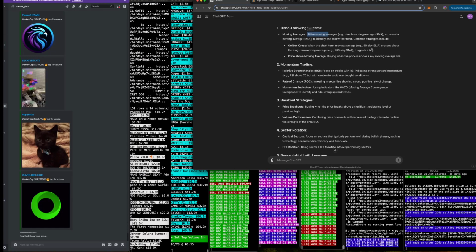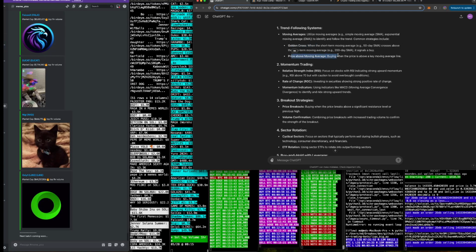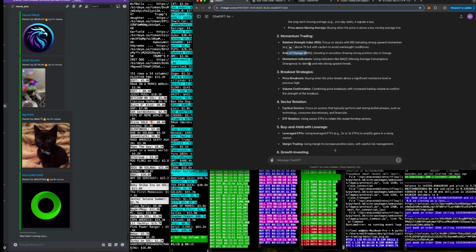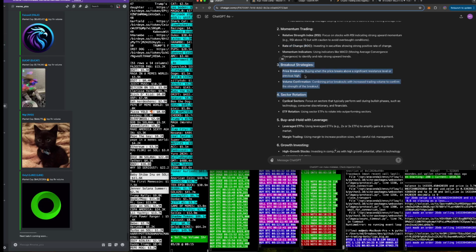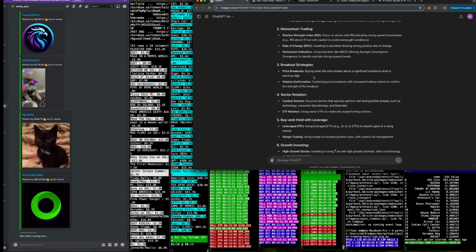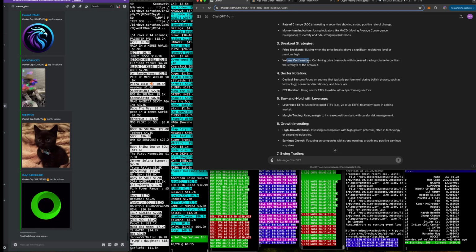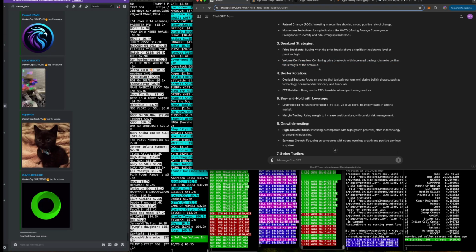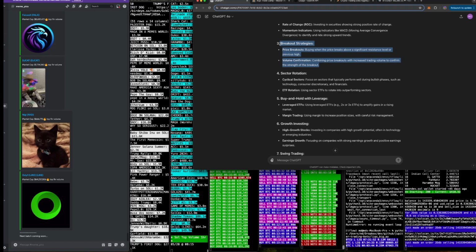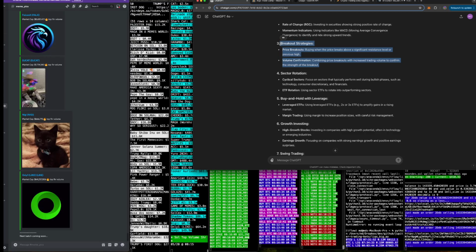Common strategies include, okay, the golden cross, price above moving average, momentum trading, relative strength, rate of change, breakout strategies. That's what we're going to be doing today. Price breakout, buying when the price breaks above a significant resistance level or previous high, volume confirmation, combining the price breakouts with increased trading volume to confirm the strength of the trend.